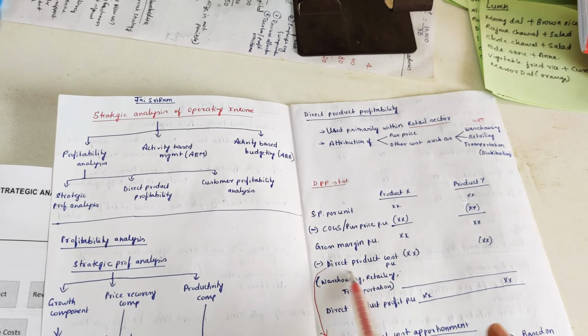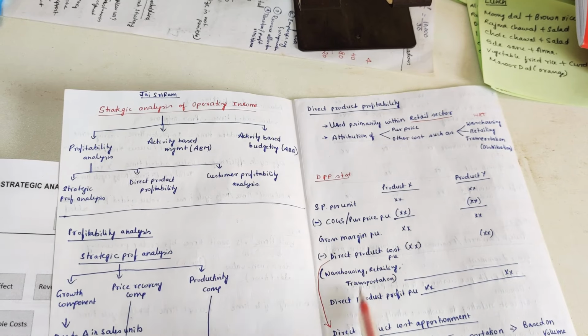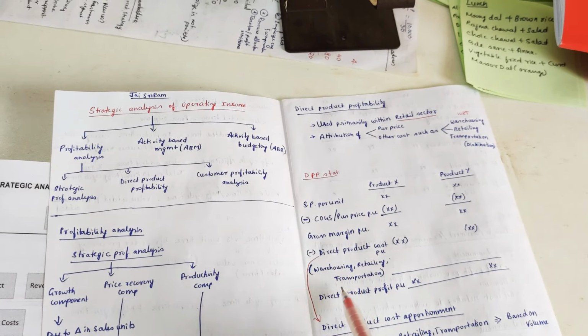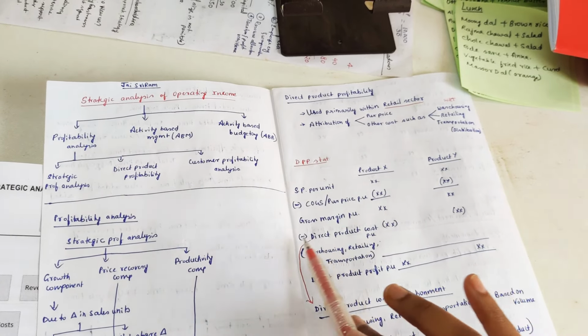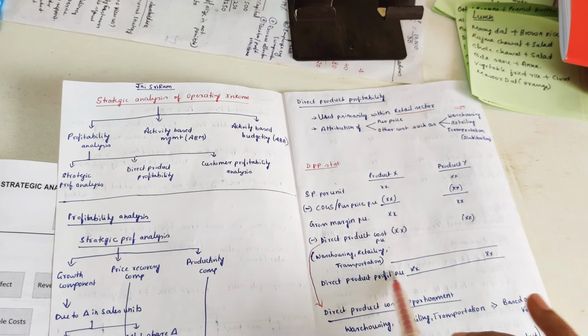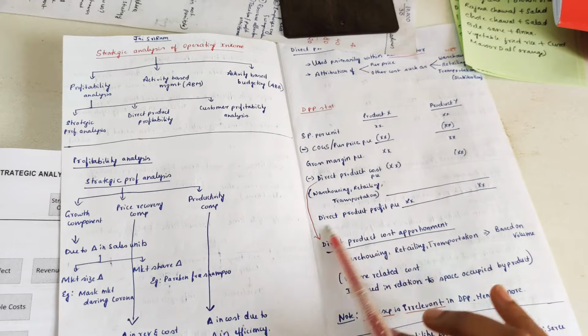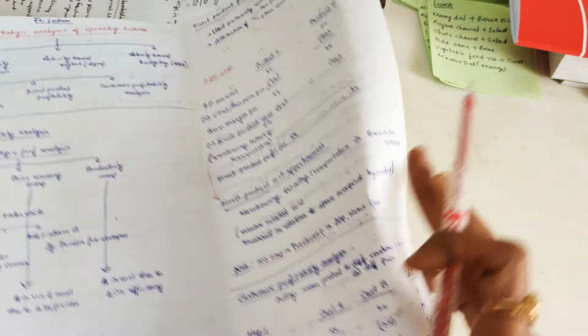Then this direct product cost is distributed between warehousing, retailing and transportation, like for warehousing, for retailing, for marketing and all those things. Then transportation, to transport that. How much have you spent on that will be deducted. Then you get direct product profit per unit. That's all. So this direct product cost is apportioned based on the volume of the products.